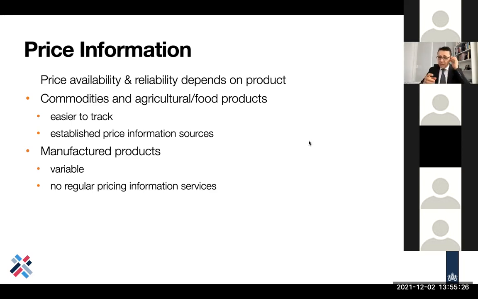There's a whole number of variables that determine the price of the product. In other words, there are a lot more specifications of products. Think of mobile phones. There are hundreds of models, all of them at different price points. So it's very, very difficult to get precise price information for industrial products because they're more differentiated.